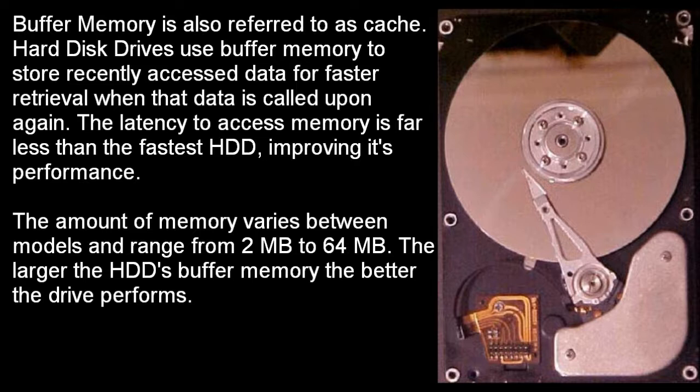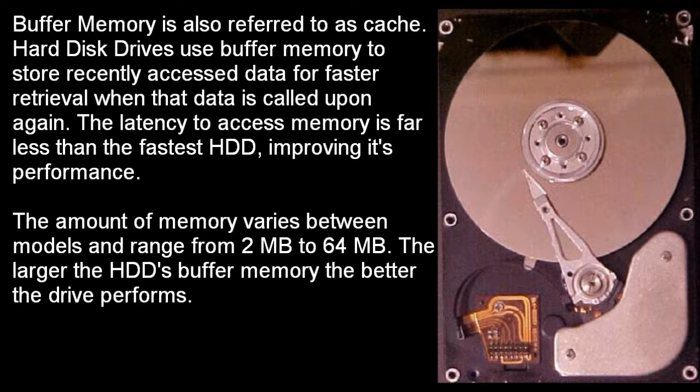And this is what happens. Anytime something is called for from the hard drive, the first place the hard drive looks is in the memory because it's faster. If it can't find it there, then it goes to the hard drive, looks for it, reads it, and stuffs it into the buffer memory. So, just in case that data is called again, it's in the buffer memory already.